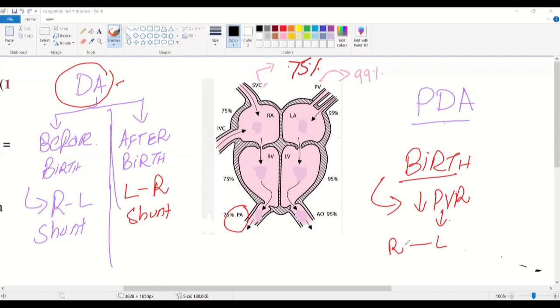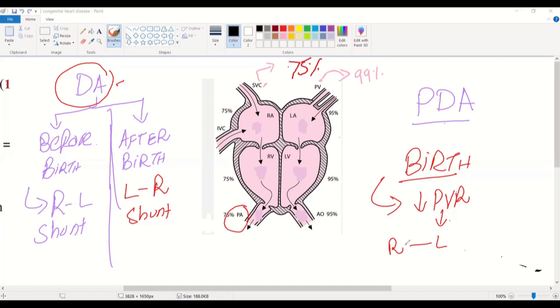Is there any association with prostaglandin? There will be decreased prostaglandin as well. So these changes associated with birth lead to the closure of the ductus arteriosus, the connection between the pulmonary artery and the aorta.